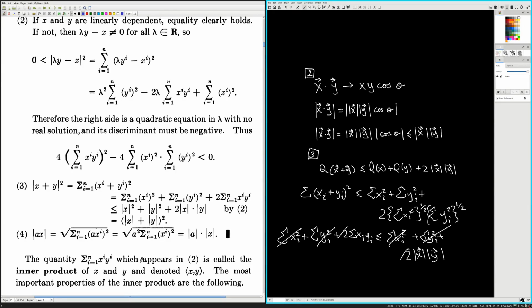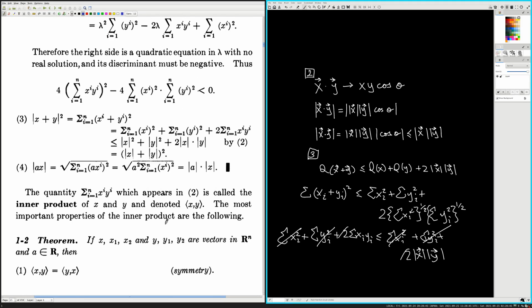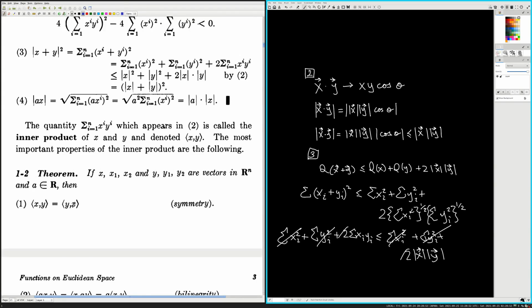I think this is the same logic that I just did right here. Yeah, this works. The inner product, I called it a dot product, same thing. The inner product, let's see, what are the properties?